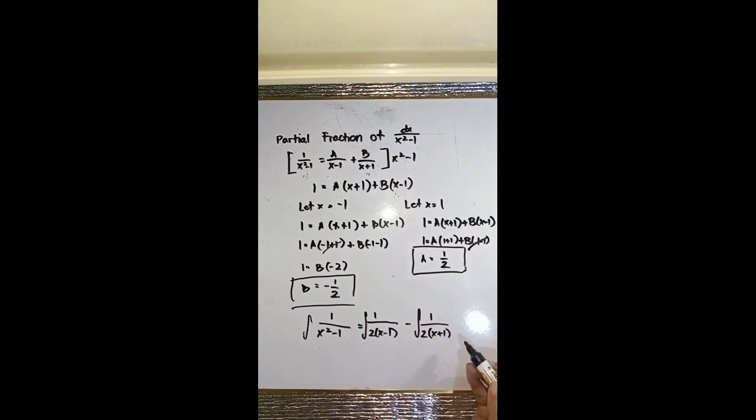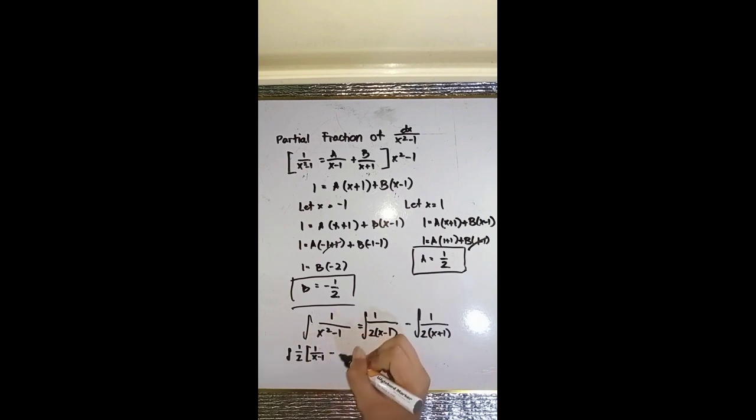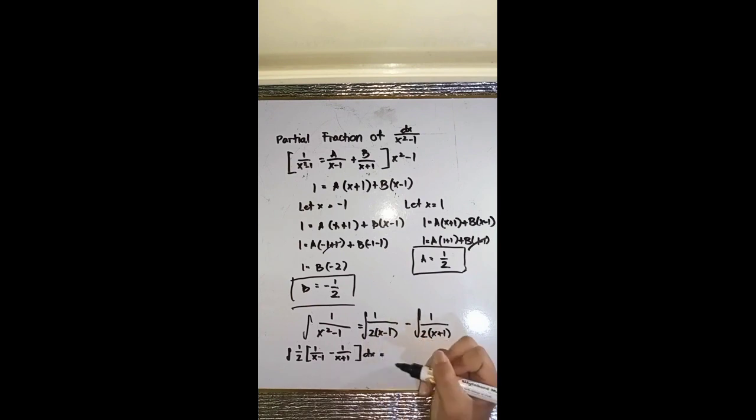And now we'll get the value of 1 half multiplied by (1 over x minus 1 minus 1 over x plus 1) dx, which equals 1 half multiplied by ln of x minus 1 minus ln of x plus 1.